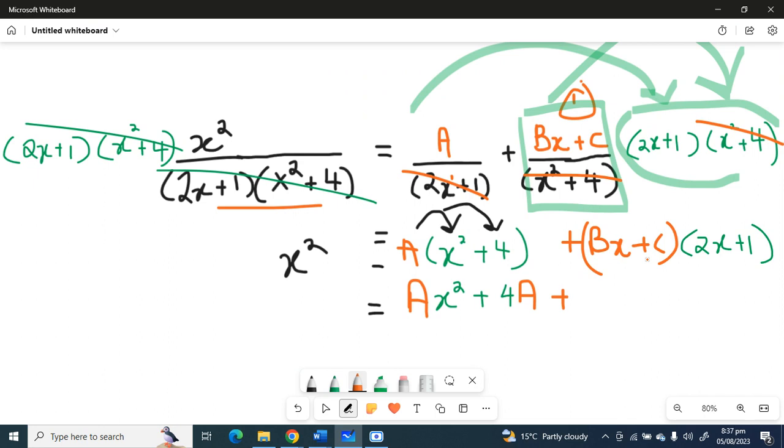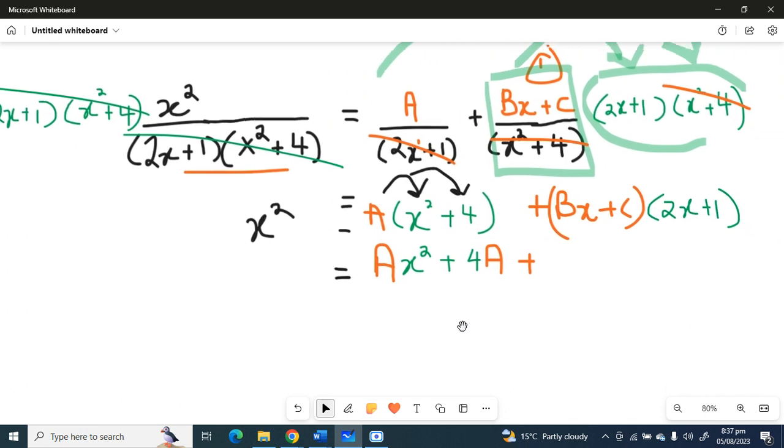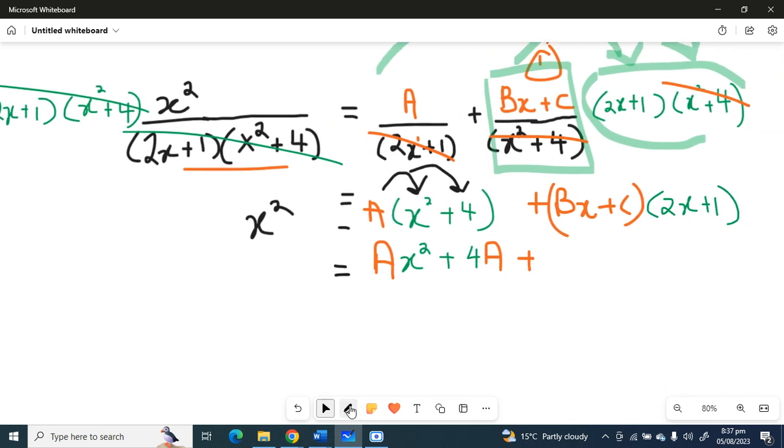Next, we have to also expand this expression here. All right. You have to expand the expression. So you're going to say bx times 2x. What do we get?